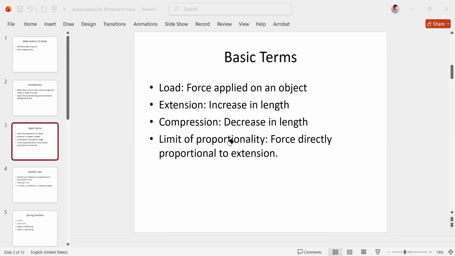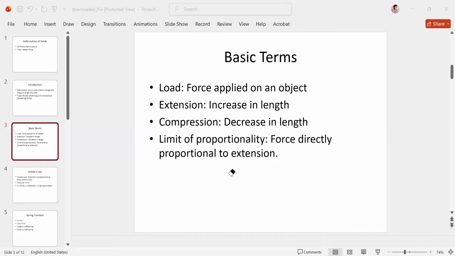Limit of proportionality: force is directly proportional to extension. Suppose we take an iron body and an elastic body. For iron, we need more force to deform it, but for an elastic body, we need only a small force to deform its shape.